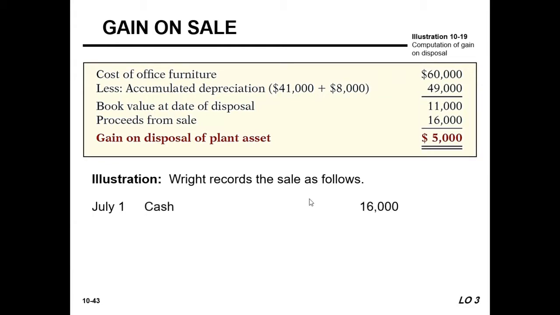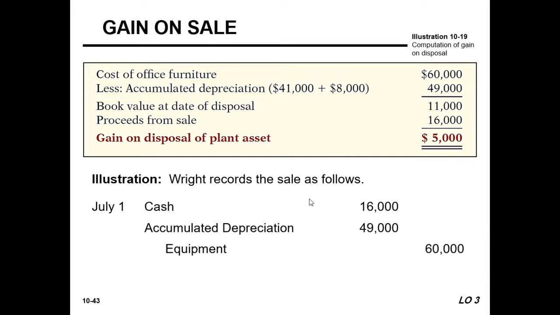So cash, you are receiving 16,000, you sell, right? Then accumulated depreciation, you are closing, so it will be debit. Equipment, credit, but if you look at it, still entries are not equal. Debit and credit side are not equal, right?